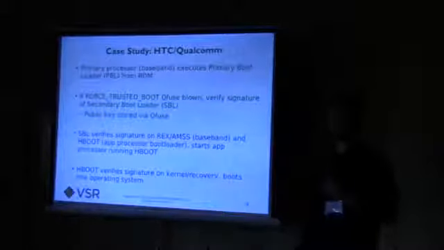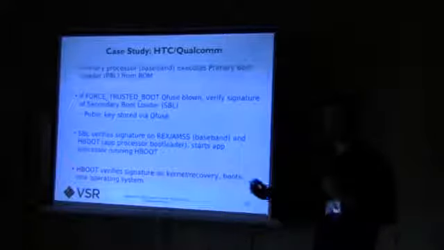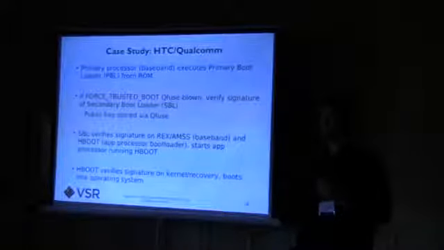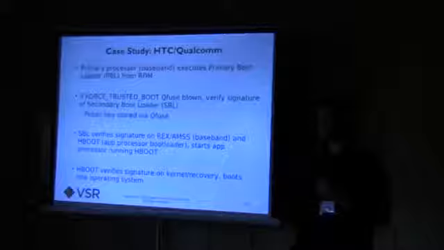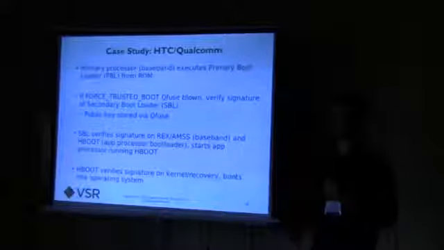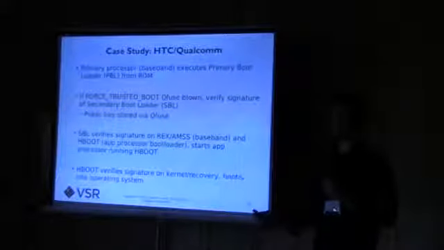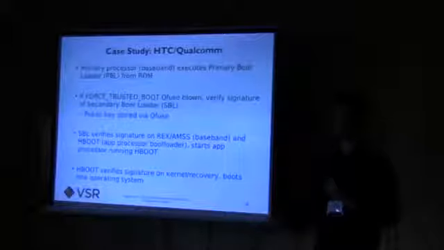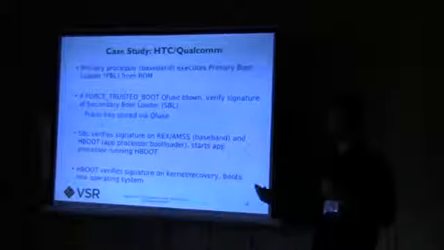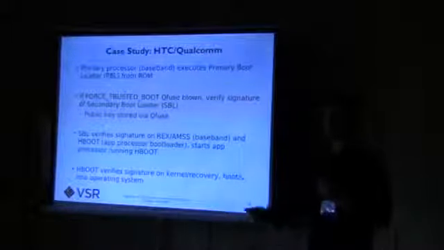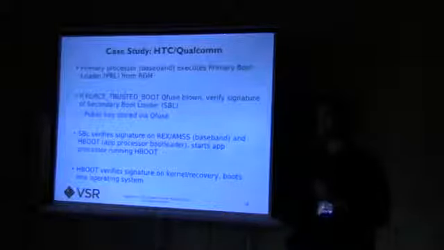And if that's set, it knows we need to enforce this signature chain, and it does basically the same thing. It loads a public key that's in the Q fuses, and then verifies the signature on the secondary bootloader, and then starts the app processor, verifies the signature on the HBOOT, which is the next bootloader, and then that verifies the signature on the kernel and boots into the operating system.